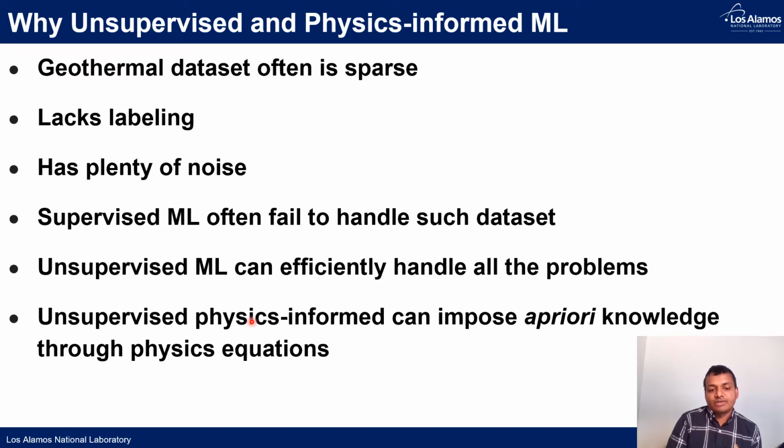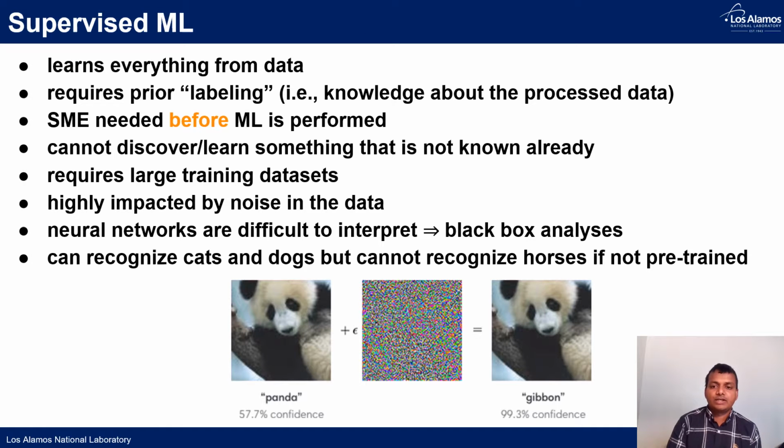And we use physics-informed learning in unsupervised learning so that we can impose all known a priori knowledge through physics equations. Now, I would like to give a very brief overview of supervised, unsupervised, and physics-informed machine learning.